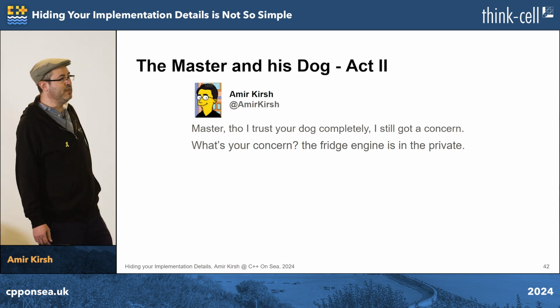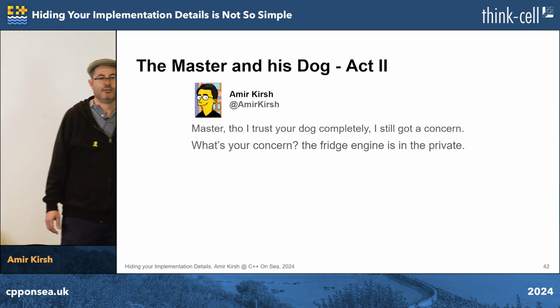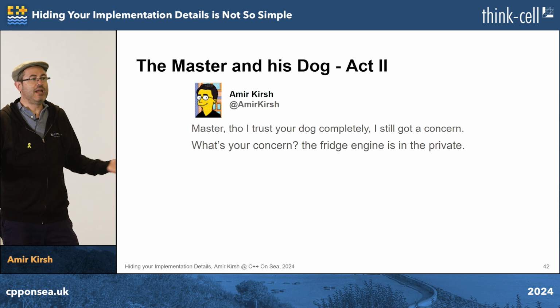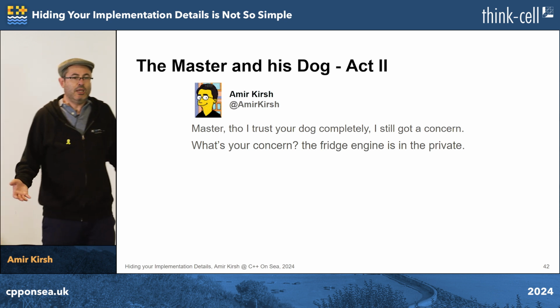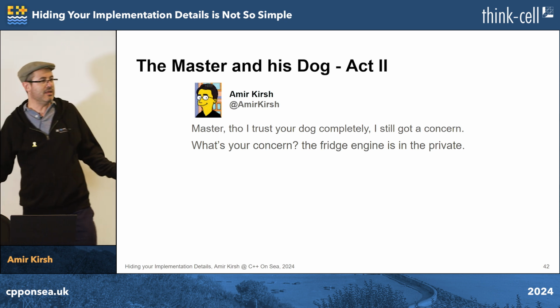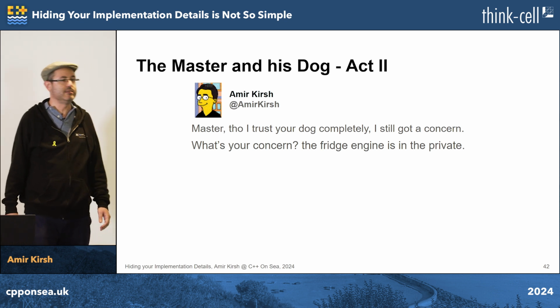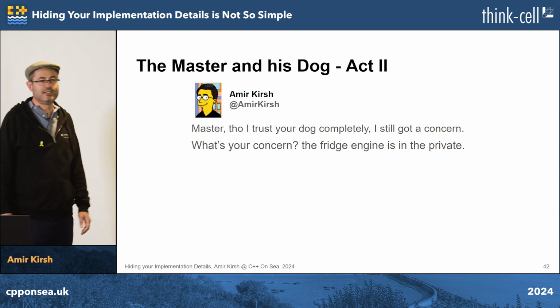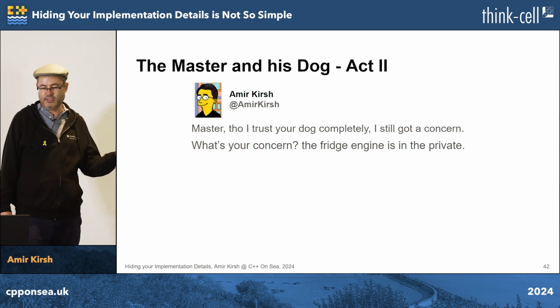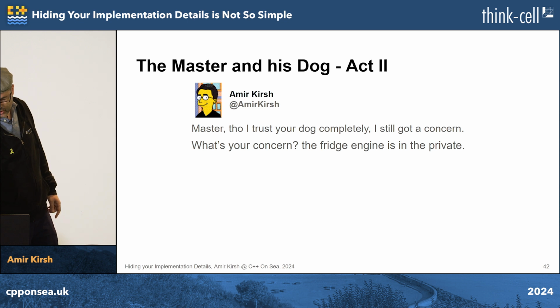So yeah, you can open the fridge, nothing will happen. The dog will not make the fridge non-functional. I mean, he would just create a mess with the food. It's not the engine. The engine is in the private. I'm not sure that this is the proper answer, or what would convince the student. I mean, he's a good student, but he cares for his fridge.